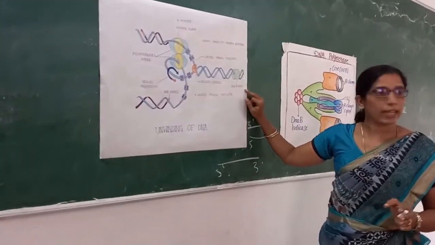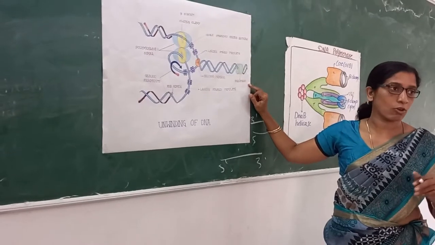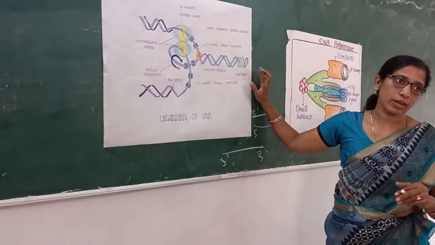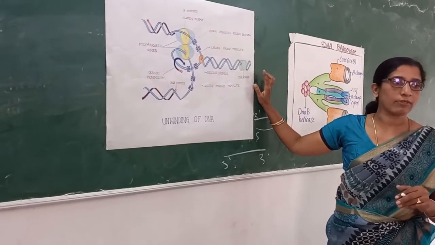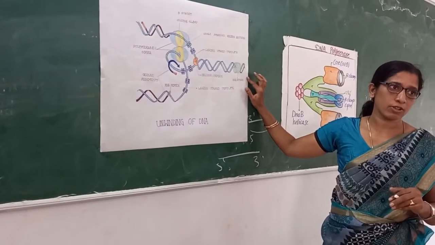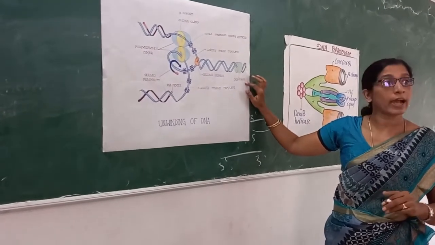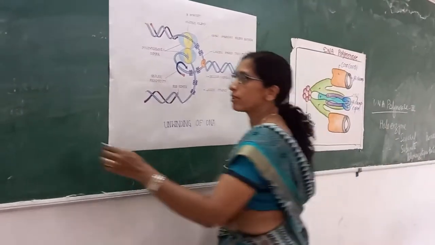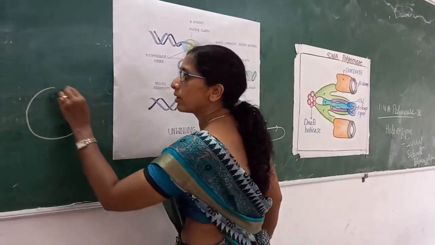The DNA gyrase enzyme is very important; it is a topoisomerase. Gyrase is topoisomerase 4, or you can say topoisomerase 2, written in a subgroup, and it is also called gyrase.